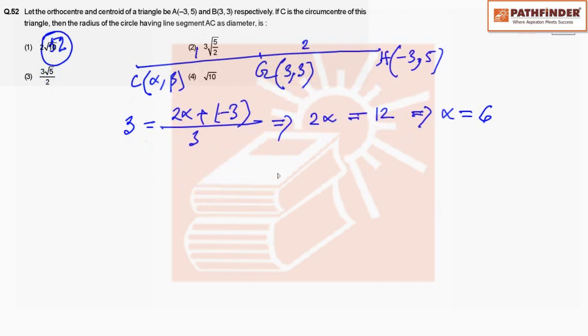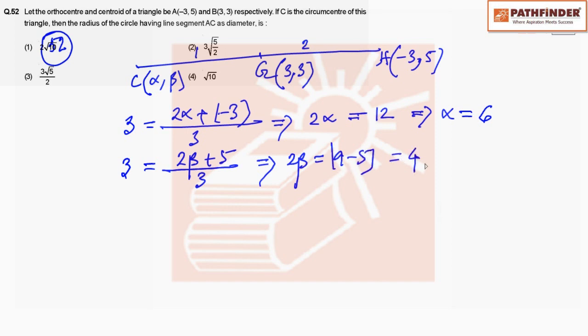Again, if we calculate beta, then we are getting 3 equals 2 beta plus 5 by 3, which implies 2 beta equals 9 minus 5, which is equal to 4. So beta equals 2.